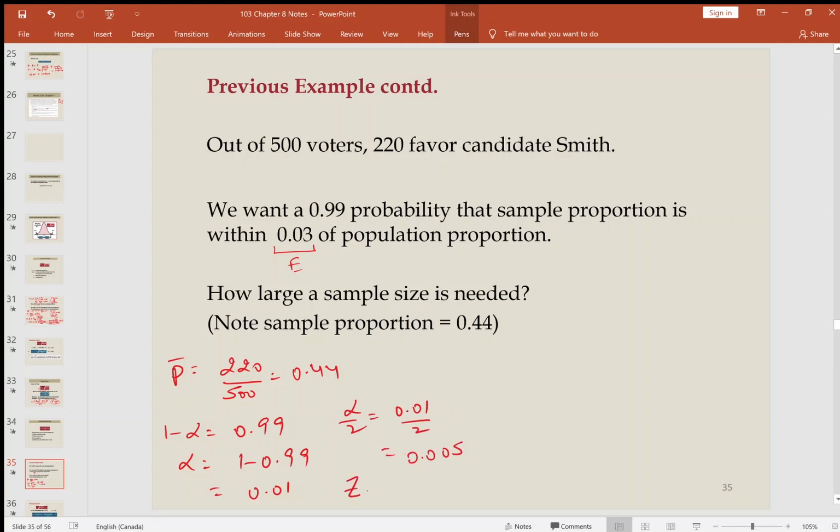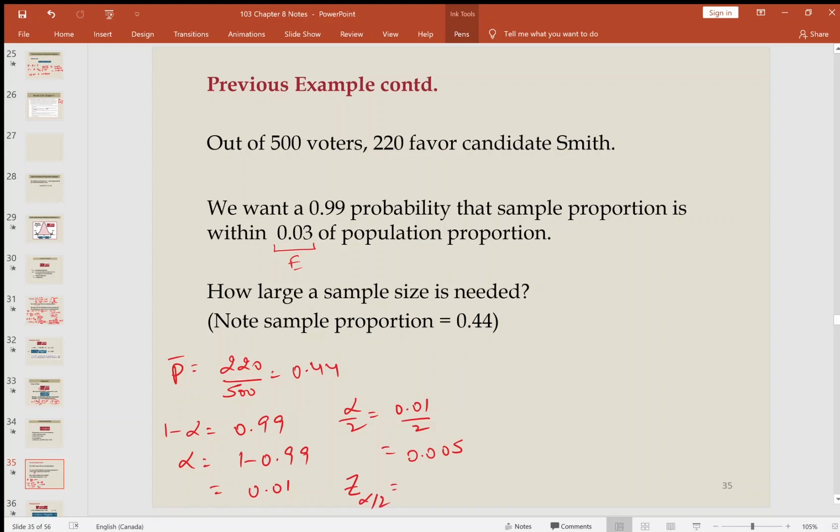So the z-score such that we have this area as 0.005 is going to be 2.576. So the z-score is 2.576. Okay, and then the margin of error E is given to us as 0.03.